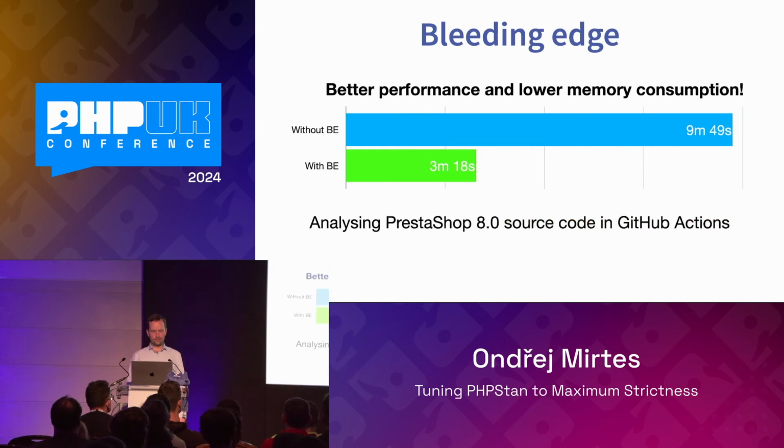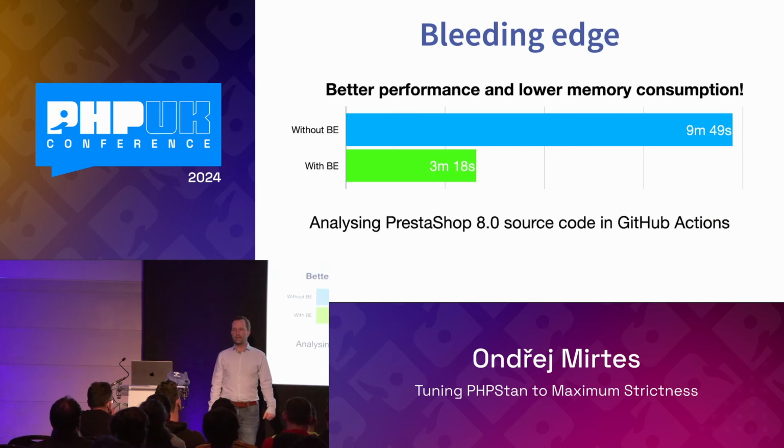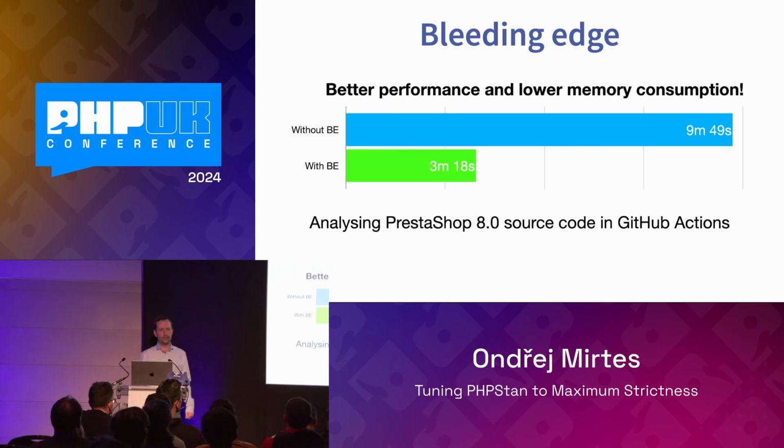Okay, and I'm saying that there are 40 new behaviors, not just new rules, because I can afford to do BC breaks in bleeding edge. So thanks to a specific BC break I did, I broke some reference cycles in memory, and I made it easier for the PHP garbage collector to make sense of what's in the memory. I made the analysis faster in certain situations.